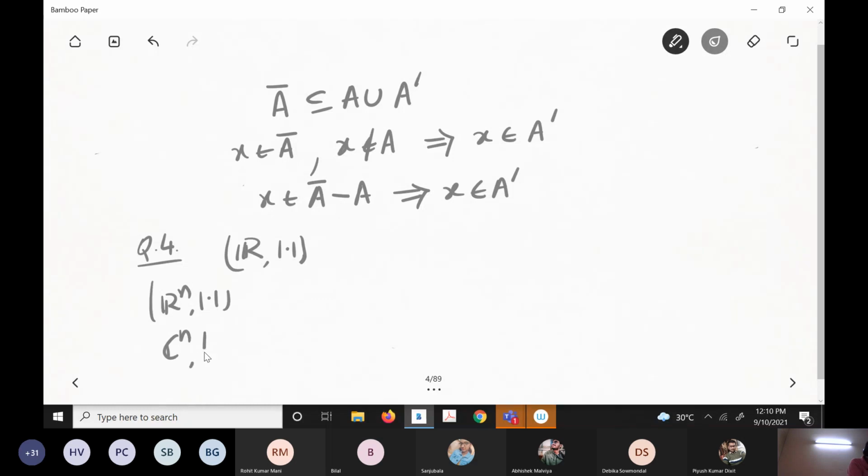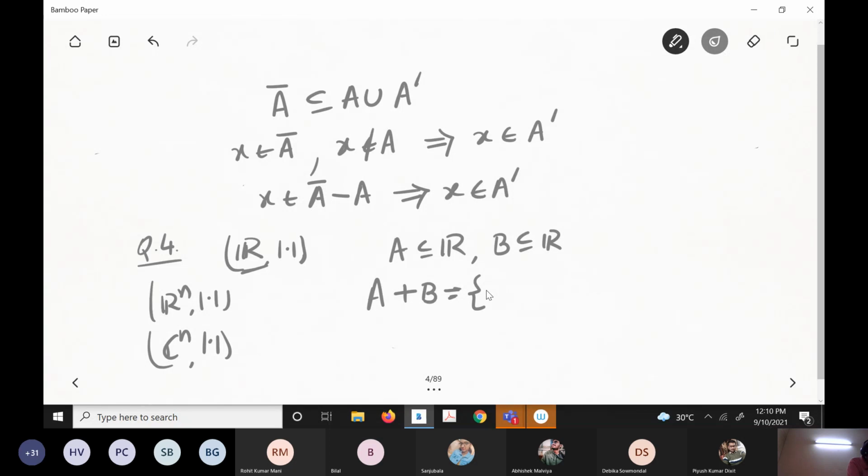Now I'm saying, look, if you have a set A subset of R, B subset of R, then A plus B is defined as the addition of the points, x belongs to A, y belongs to B. It makes sense since R has an addition structure.